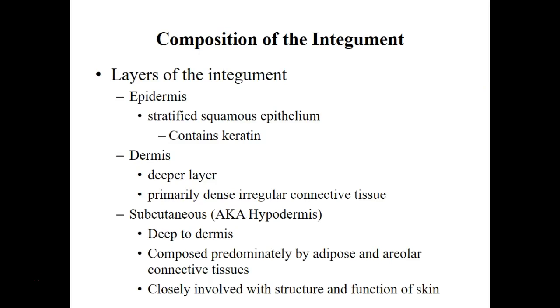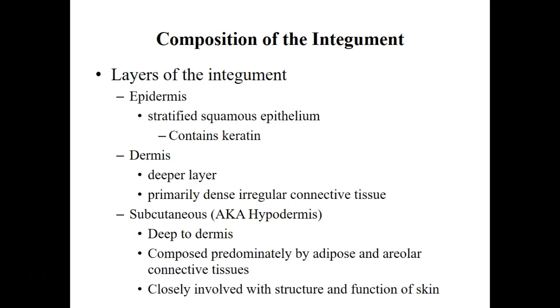The three basic layers of the integument are the epidermis, the dermis, and then the subcutaneous layer, or the hypodermis. Though it's not actually part of the integument, the subcutaneous layer is discussed here. The epidermis is composed of stratified squamous epithelium.